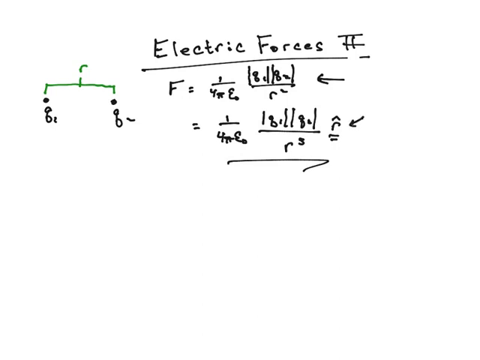This r hat means the force is in the direction of r, being the distance from one charge to the other. Okay, I'm not going to write it this way just because I want to avoid that possible confusion. The actual force depends on the square of the distance, not the cube. This is just a mathematical way of writing it so we get all the vector notation stuff in. So don't worry about this. This is the version we're going to use here.